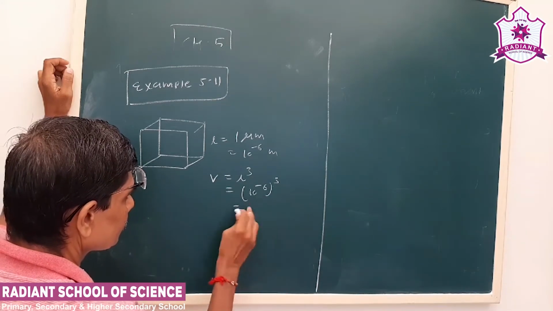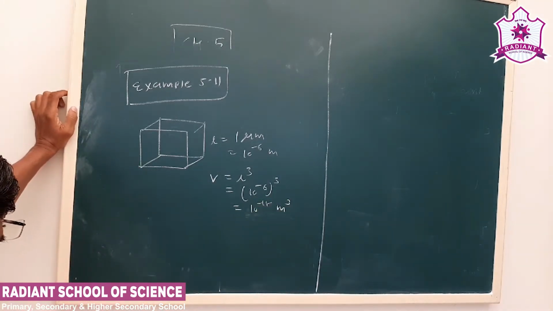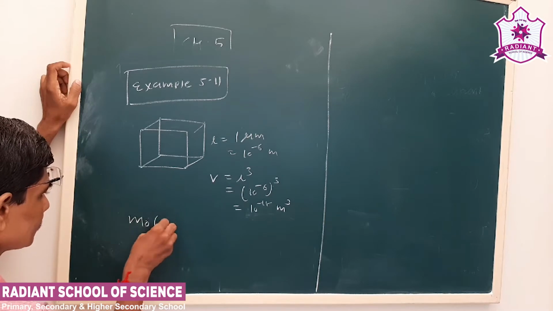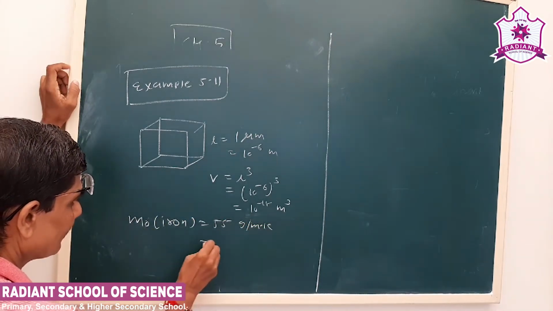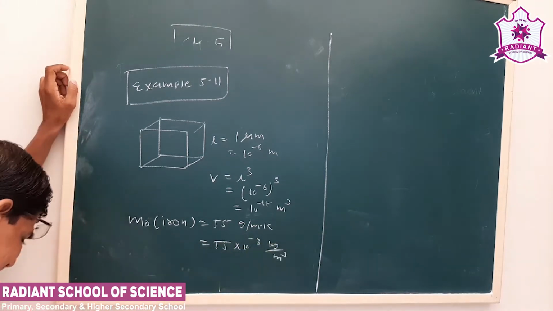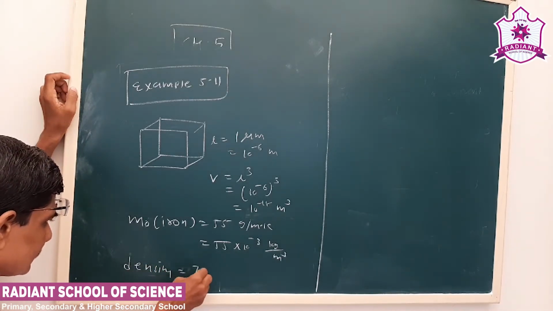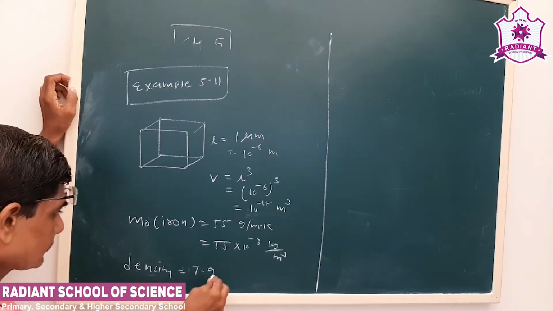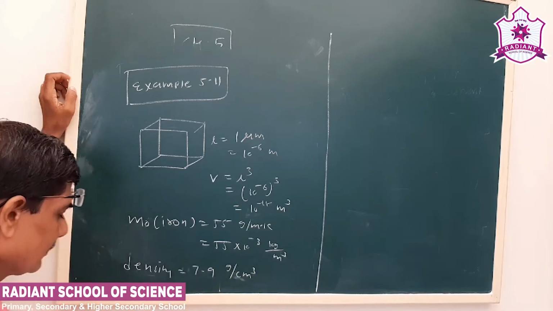Now the number of iron atoms in the domain and maximum possible dipole moment we have to calculate. The molecular mass of iron is 55 gram per mole. Now in MKS, and the density is in gram per centimeter cube.